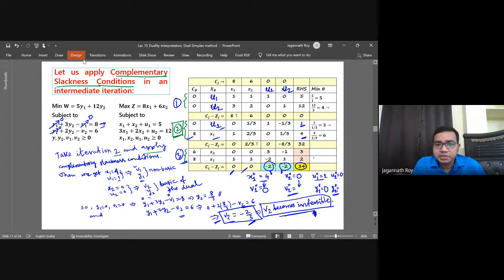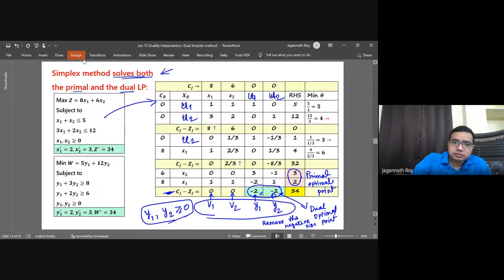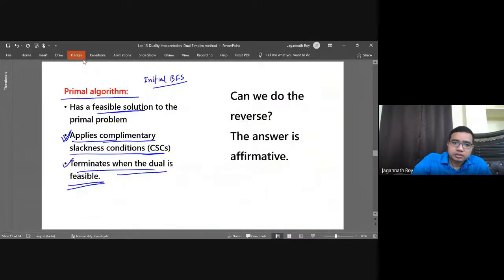As soon as they are feasible, we have reached from the initial basic feasible solution to the optimal solution. So can we do the reverse?